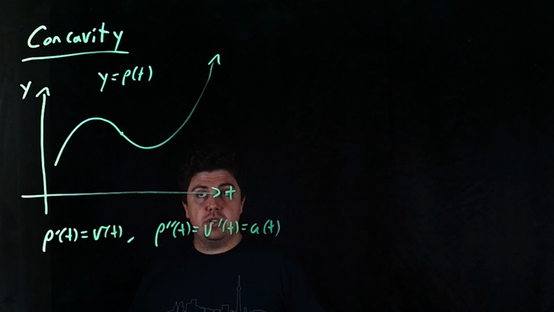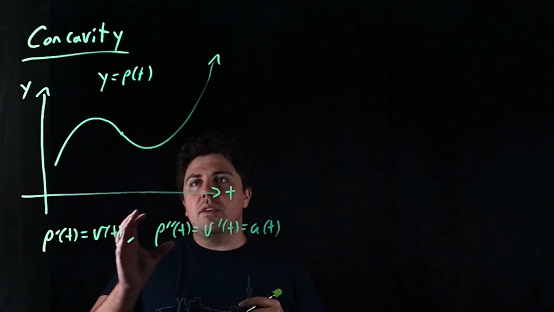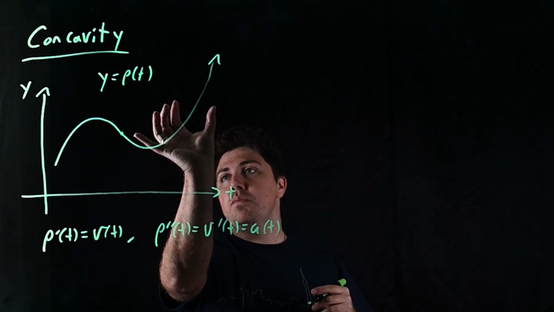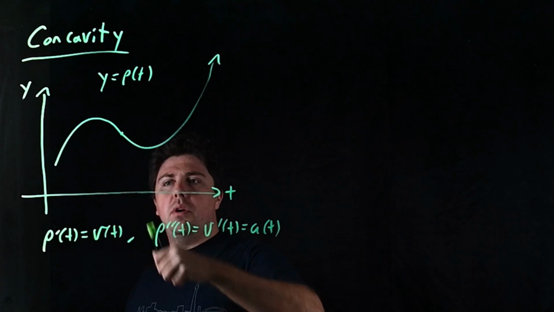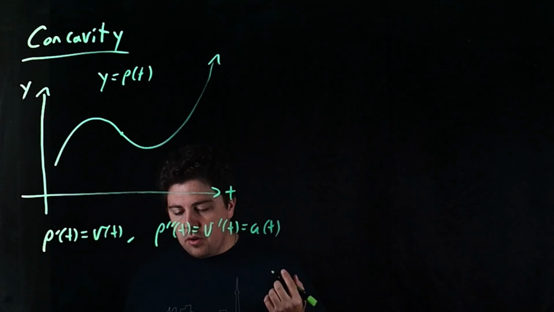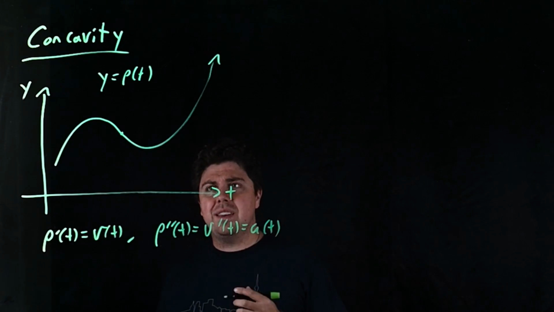But what else is true? Another thing that's true is that this function looks like it has an upward scoop shape on this region here, and a downward scoop shape on this region here. So this is called concavity, and let's just give this as a definition.